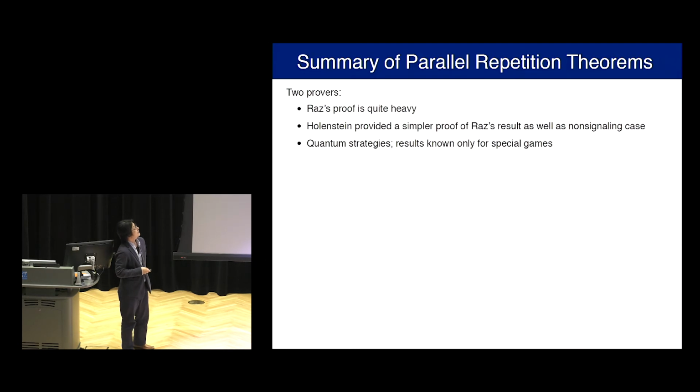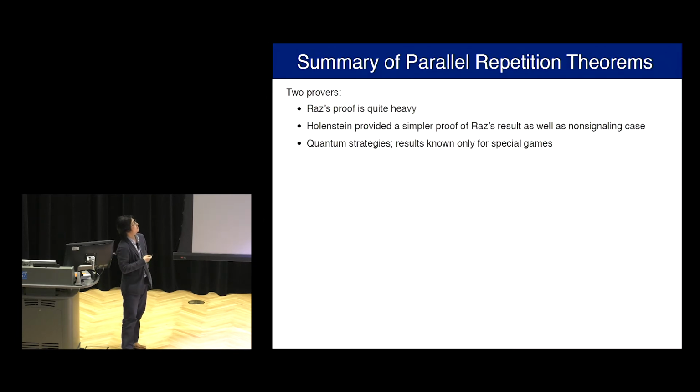Okay, so the study of parallel repetition theorem has a long history. As I said, Raz first proved parallel repetition theorem, and his proof is a kind of difficult proof. Later, Holenstein provided a simpler proof of Raz's result, as well as extension to the non-signaling case.